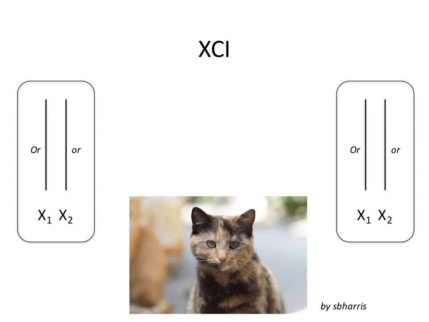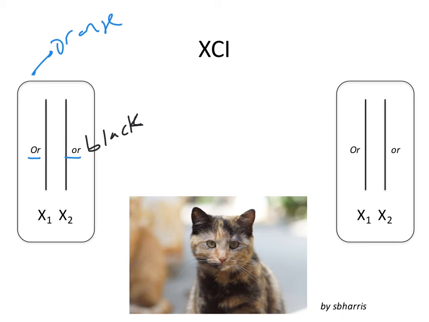If you have two X chromosomes and one of them, there's a subtle distinction here, has the capital O allele of the coat color gene, that produces orange pigment. And if you have the little o version, those cells will produce black pigment. So this is how tortoiseshell or calico cats occur.